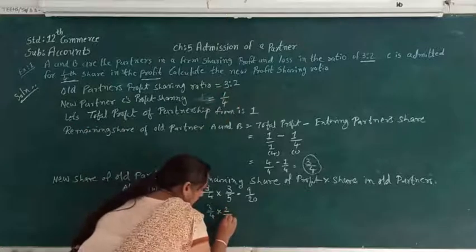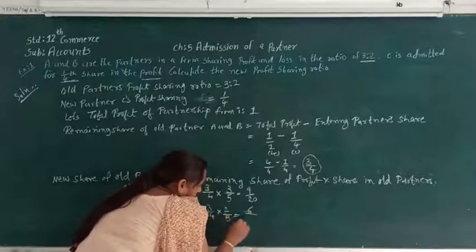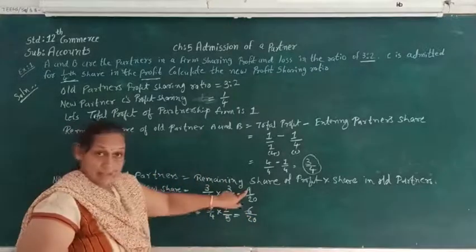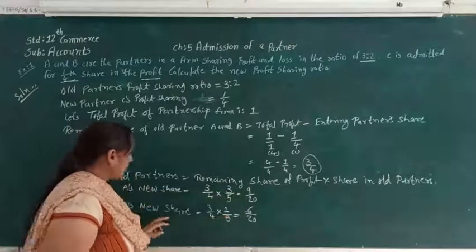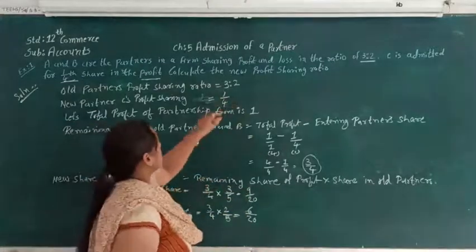Here 3 2s are 6 and 5 4s are 20. So A's share is 9 by 20, B's share is 6 by 20.